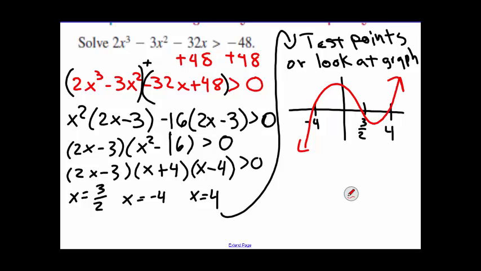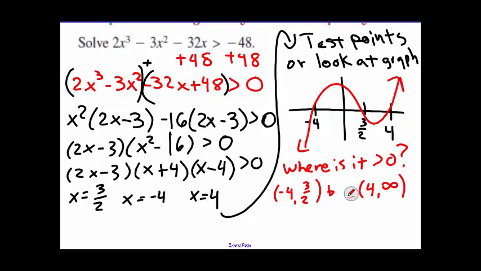So all the values that are greater than 0, we can see it's greater than 0 when it's greater than -4, but less than 3/2. And then once we get to 4 again, it's above the x-axis, so we'd be greater than 0 there. So we could have interval notation from -4 to 3/2, and then 4 to infinity.